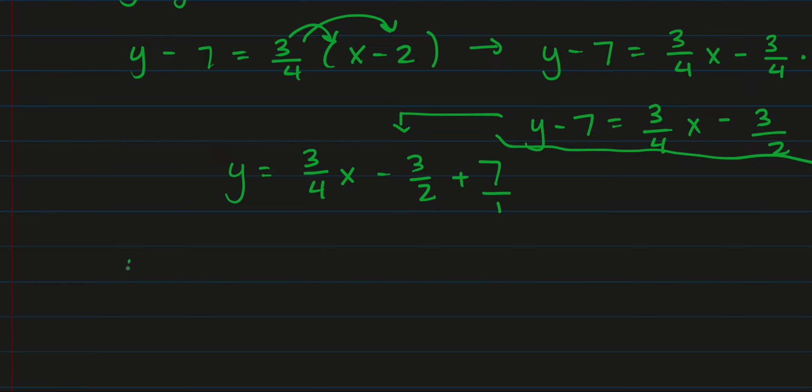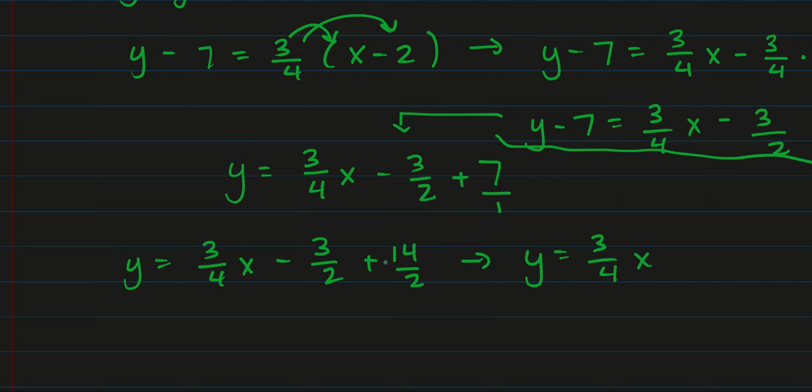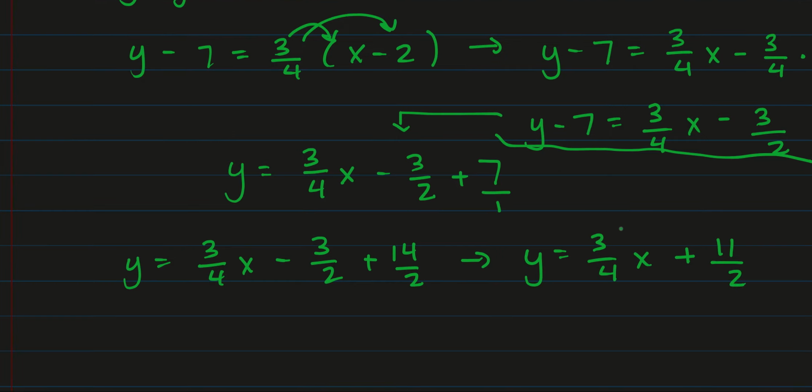So the next thing I have is y is equal to 3/4 x minus 3 halves, and I'm going to make the 7 over 1 as 14 over 2. Then we get y is equal to 3/4 x plus 11 over 2. So this is the slope-intercept form of the line.